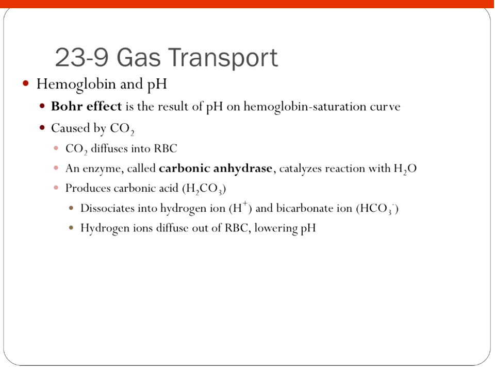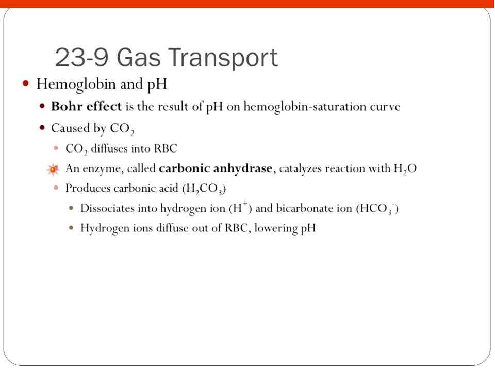So we understand that after cellular respiration, carbon dioxide diffuses into the red blood cell. There is a special enzyme, and I'm going to start starring things because this is important, and it's also fodder for a short answer question. There is an enzyme called carbonic anhydrase, and the job of this enzyme is to catalyze the reaction with water.